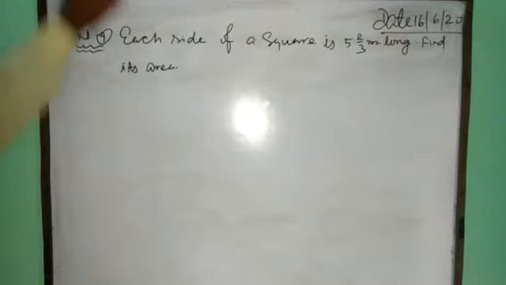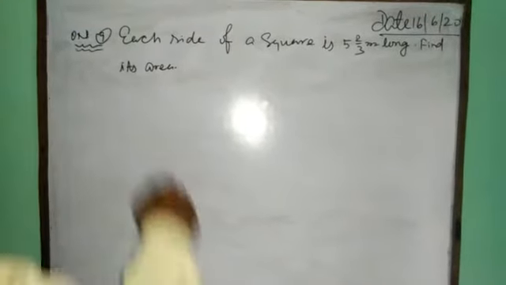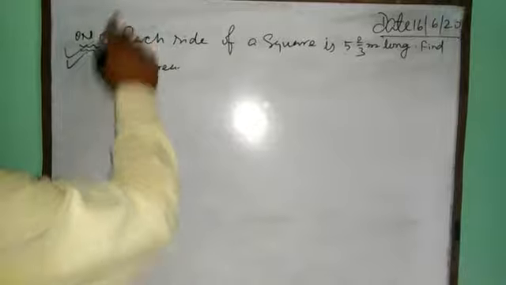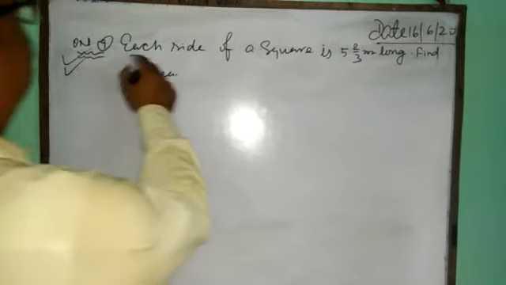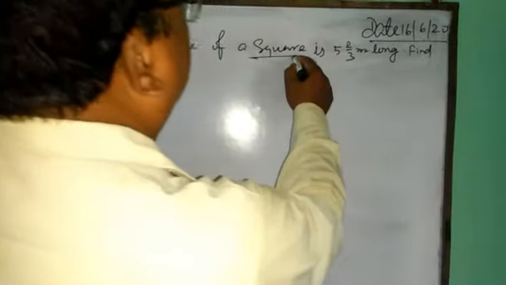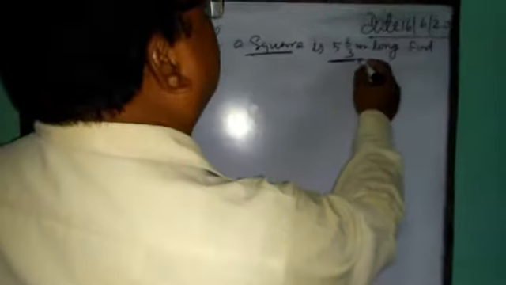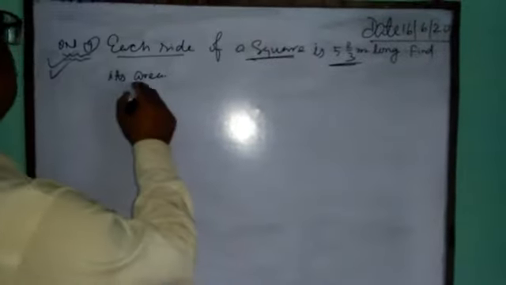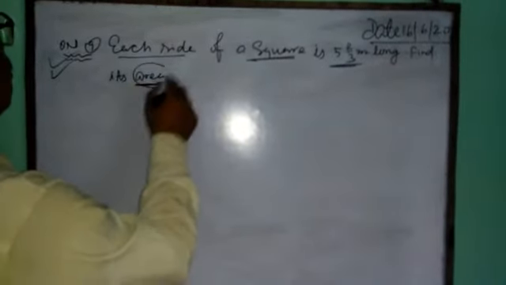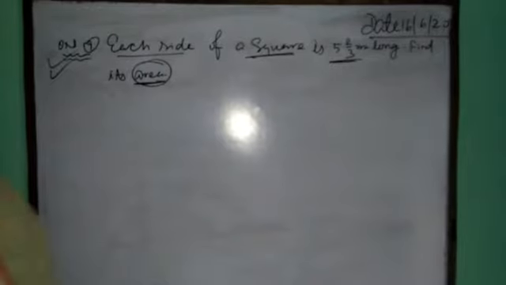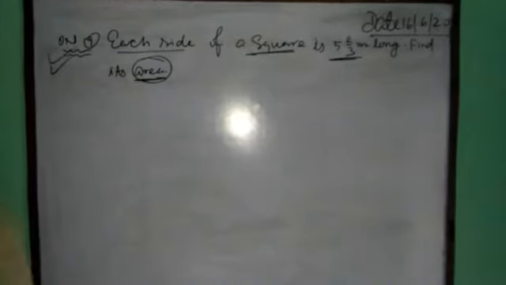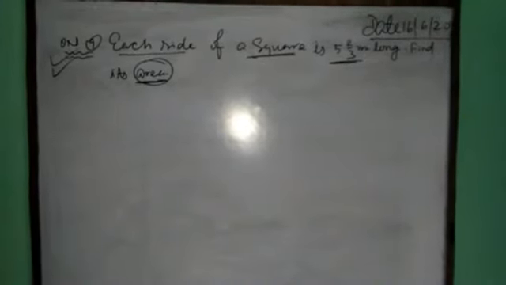Students, now we see question number 9. Each side of a square is 5 whole 2 by 3 meter long. Find its area. Area means the inner part of a figure is called its area.